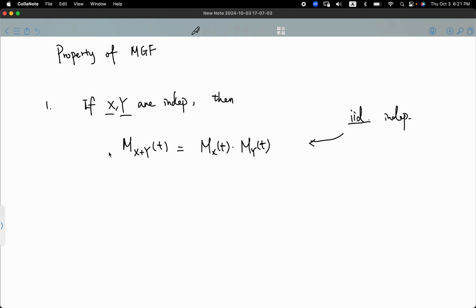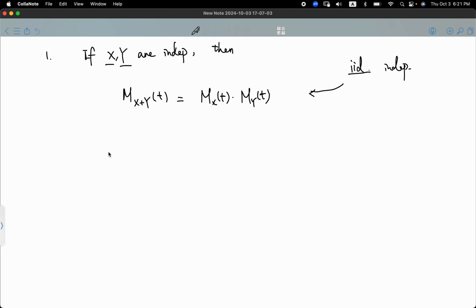So maybe let me also provide a proof or a simple elaboration for that, of the moment-generating function of x plus y. Previously you have the expectation of e to the tx. Now you just consider this x as the sum x plus y, so that you can rewrite it this way.